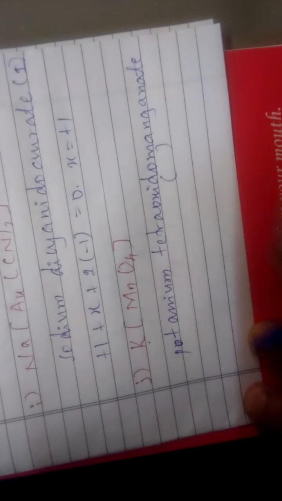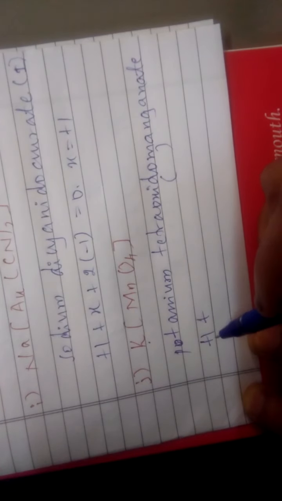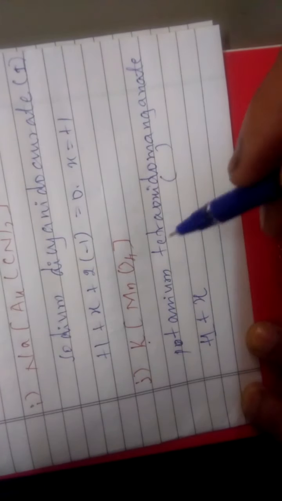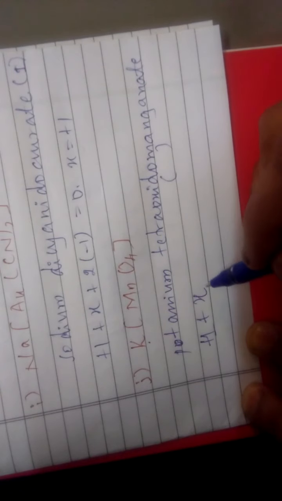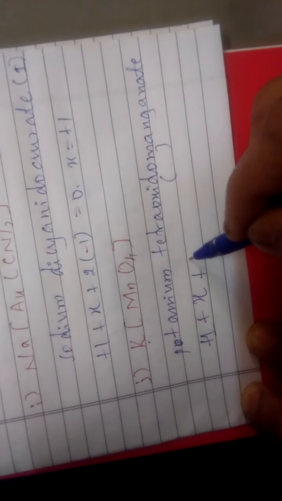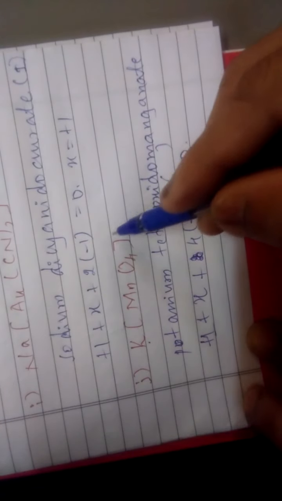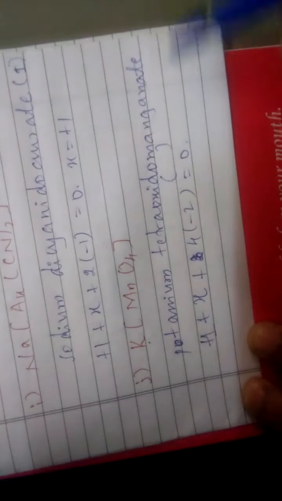So potassium is in the +1 oxidation state, plus manganese, you have to calculate the oxidation state of the central metal ion, plus oxygen 4 into -2 equals to 0, because there is no charge on the whole molecule.